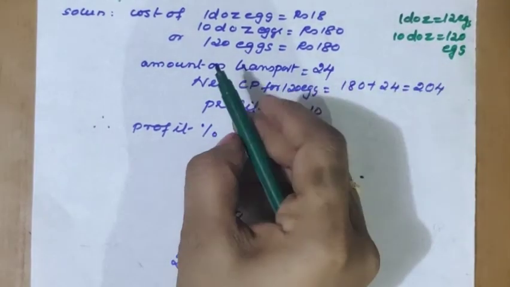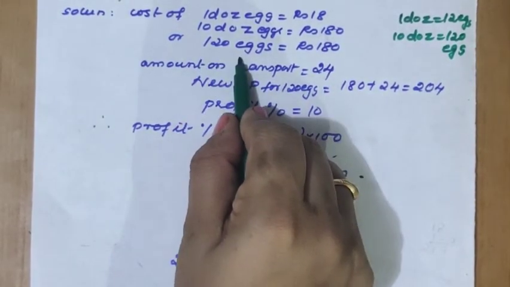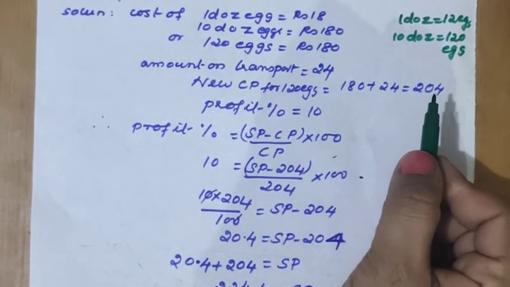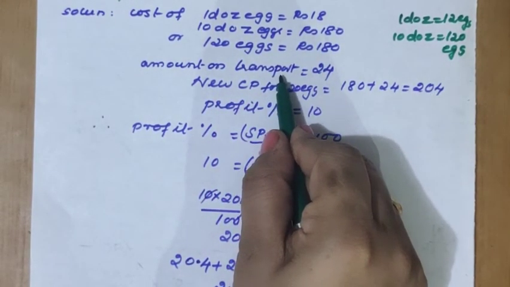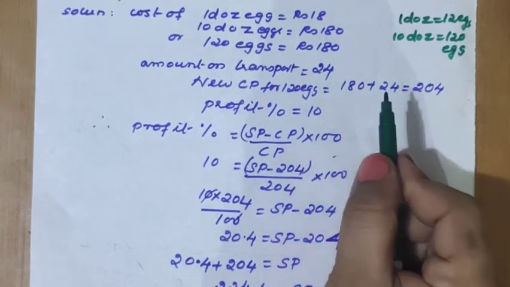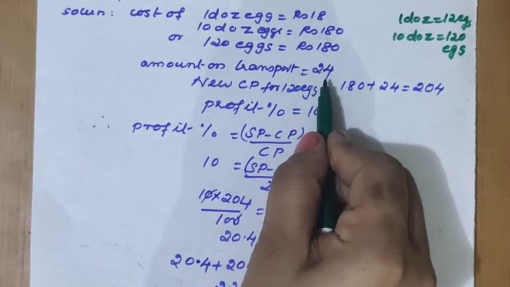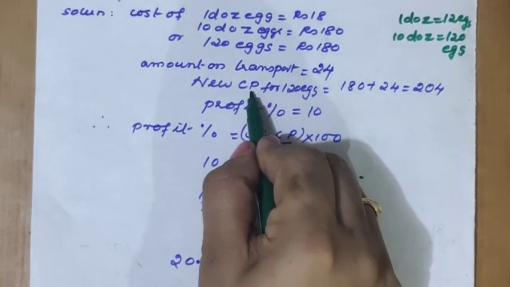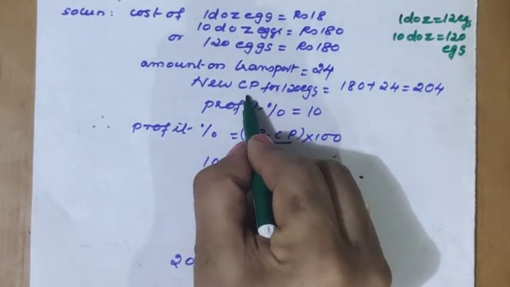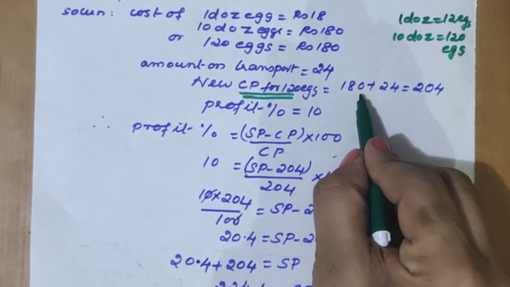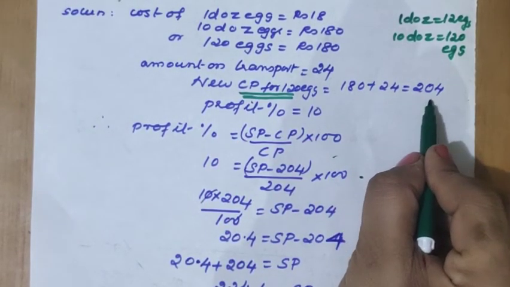That is why here we have written cost of 120 eggs, or cost of 10 dozen eggs, is equal to rupees 180. Now what is the transport amount he spent? That is rupees 24. This transport amount also he spent, so it comes under the heading CP only. So the new CP for 120 eggs is 180 plus 24, which is equal to 204.